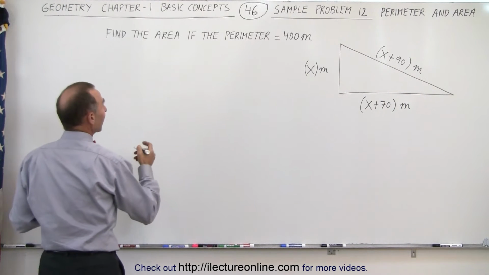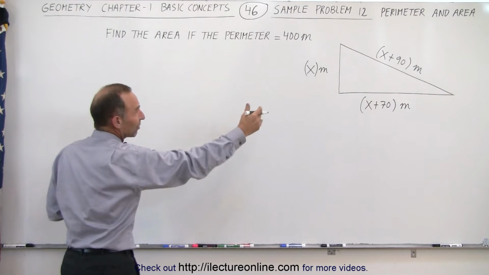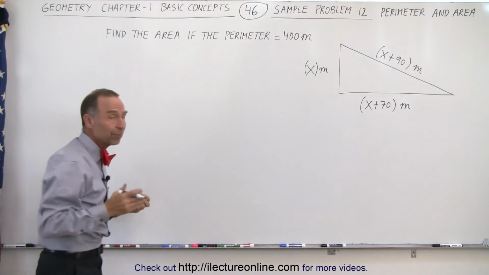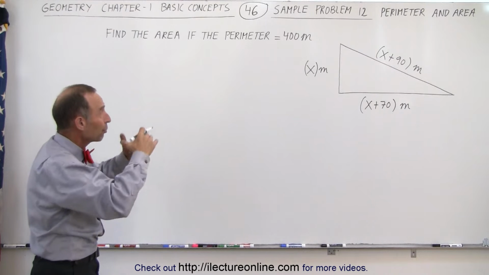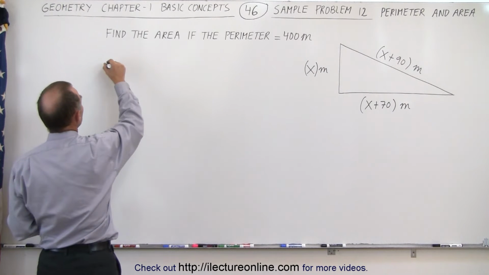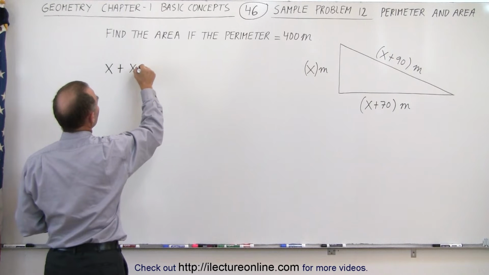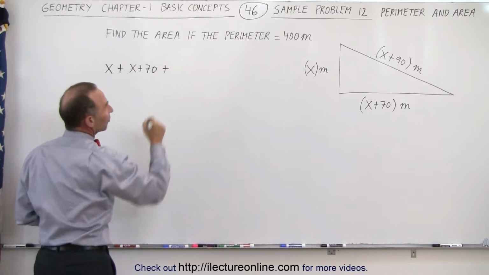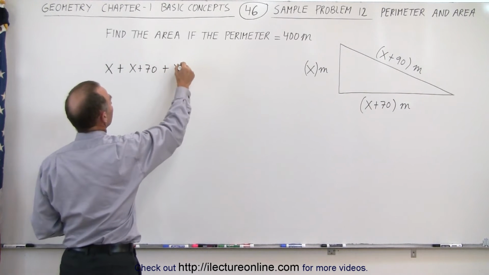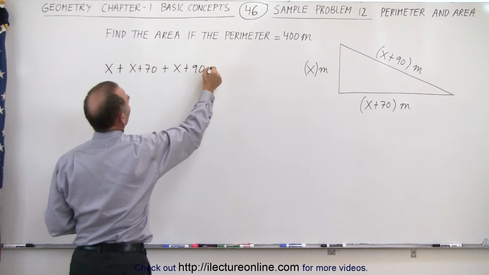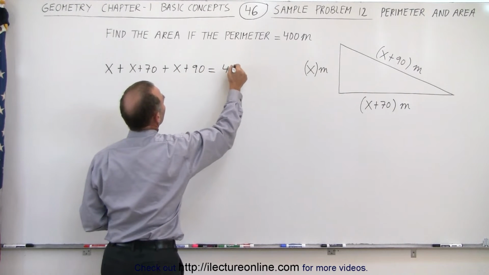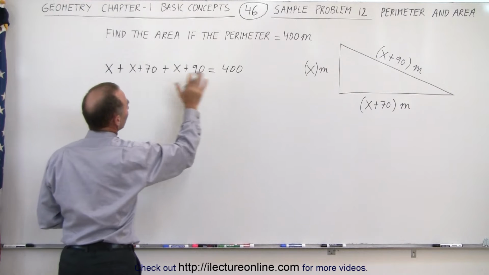So we can do that by saying that the sum of the three sides must add up to 400 meters because that is the perimeter of the triangle, which means that x plus x plus 70 plus x plus 90 must equal 400. So now we move all the numbers to the other side.